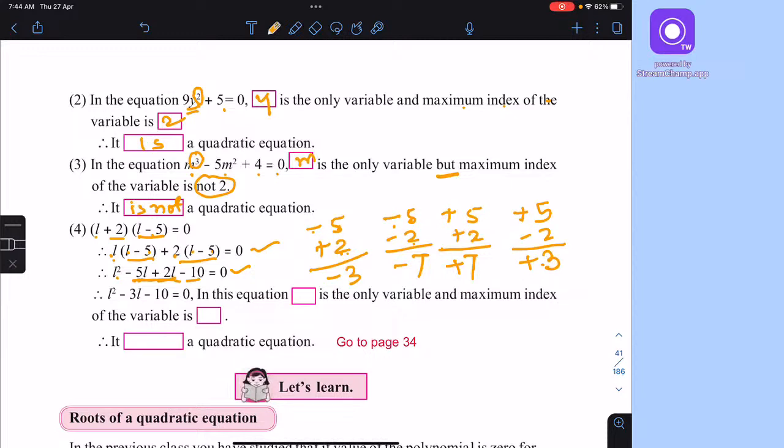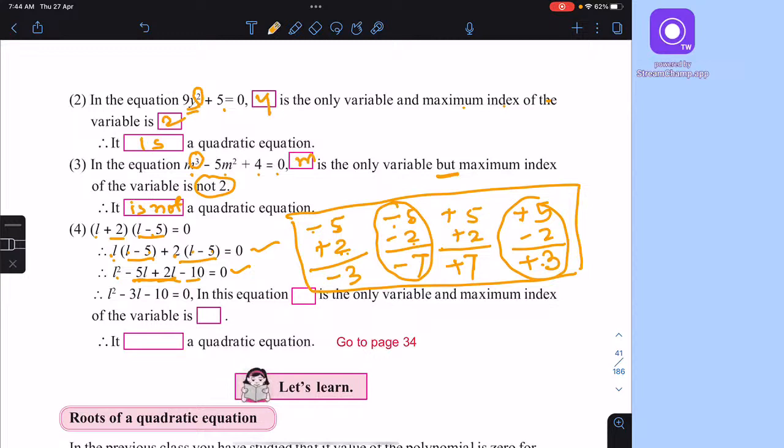So these things must be clear to you when you are adding the numbers. When you are having both minus or both plus, you have to add the numbers. 5 and 2, 7.